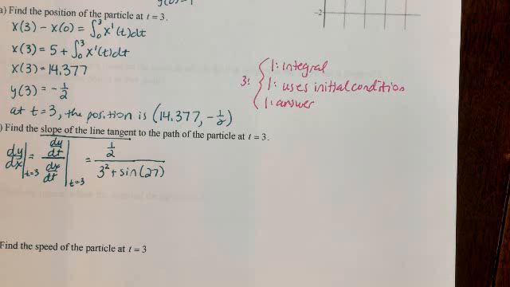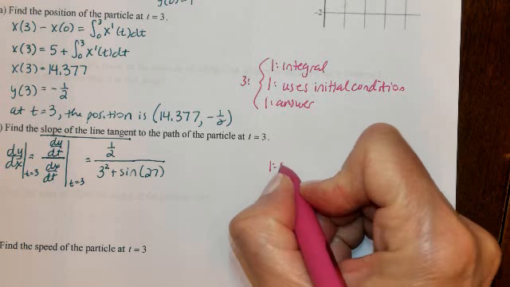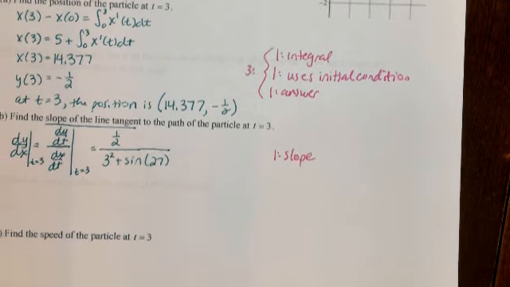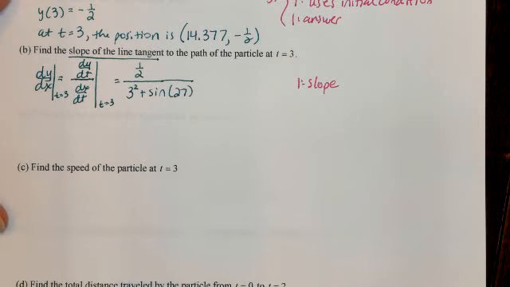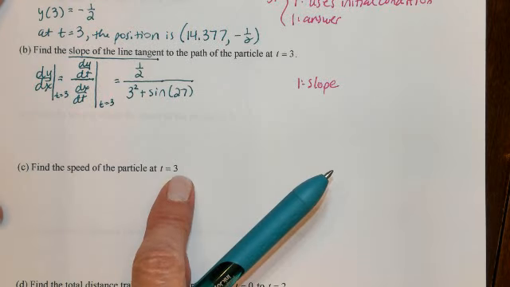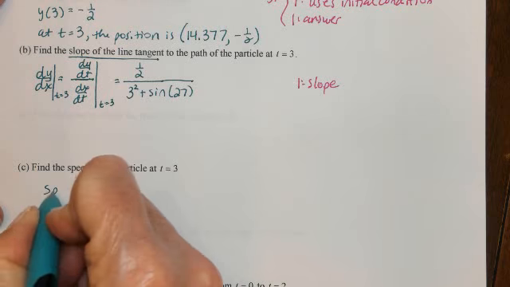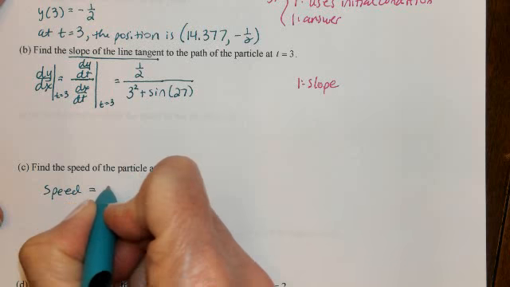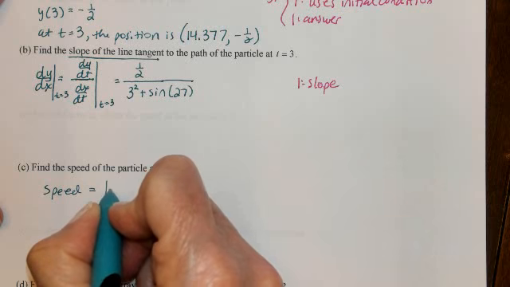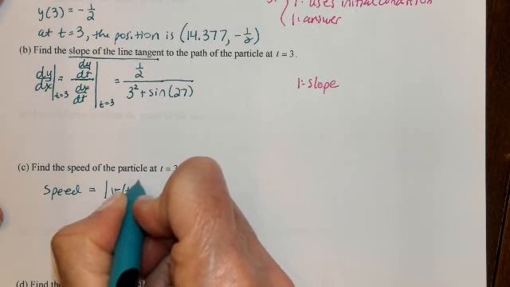That was worth 1 point just for the slope, the answer. Okay. Part C, find the speed of the particle at time 3. So we need to know that speed is the absolute value, it's the magnitude. I'm going to write it like we wrote it last.